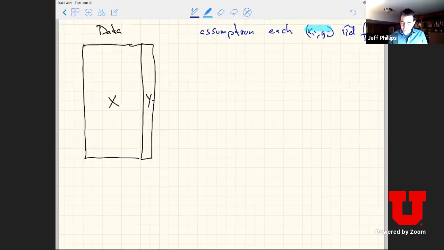Think of this here as being some row. This is xi, and this is yi. Each of these rows we conceptually think of as iid. This was the foundation for how we got to use sum of squared errors.